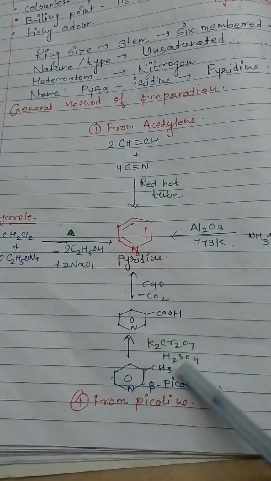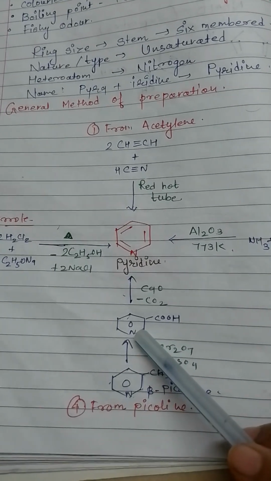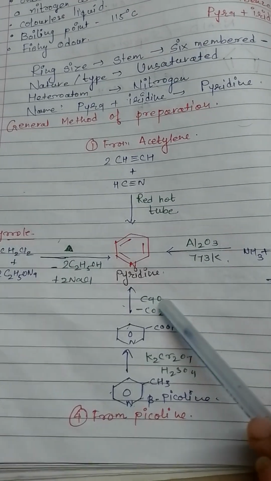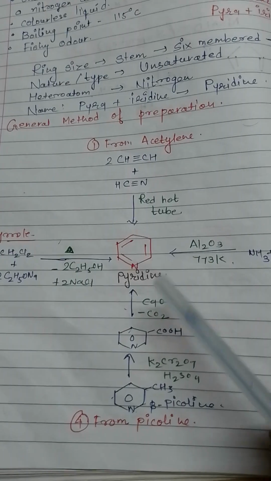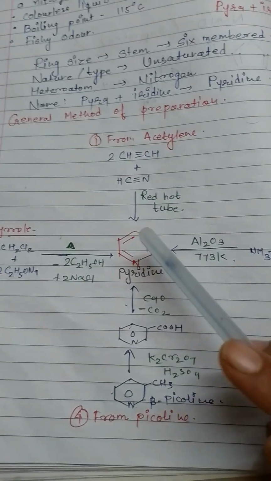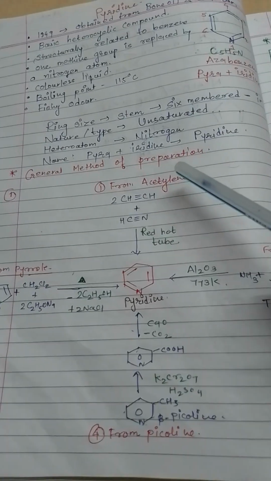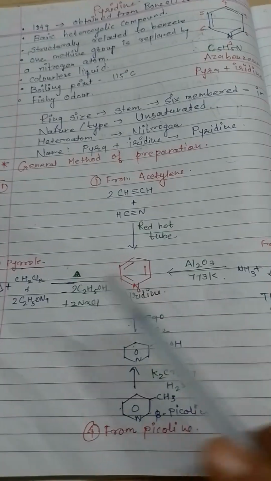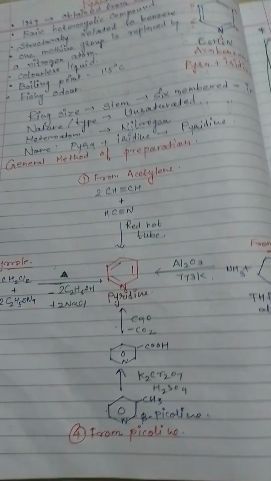Now oxidation of beta picoline gives pyridine 3 carboxylic acid, and in presence of calcium oxide there is removal of CO2, and we get pyridine. So 4 methods of preparation: first is from acetylene, second from tetrahydrofuryl alcohol, third from pyrrole, and fourth from picoline.